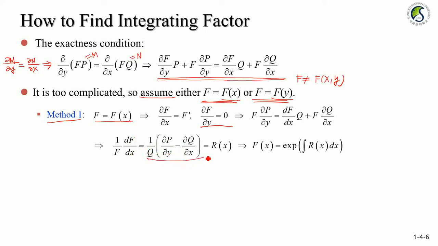And this complicated term we could specify as R of x. And then it is separated actually. Since it is separated, we can get f by integrating both sides, and f of x equals exponential of the integral of R dx.